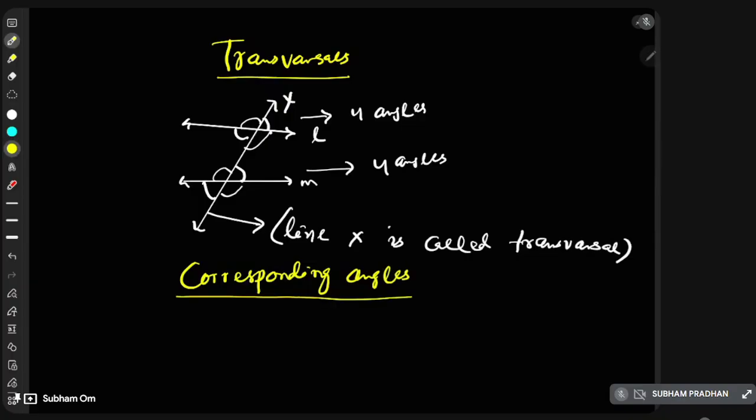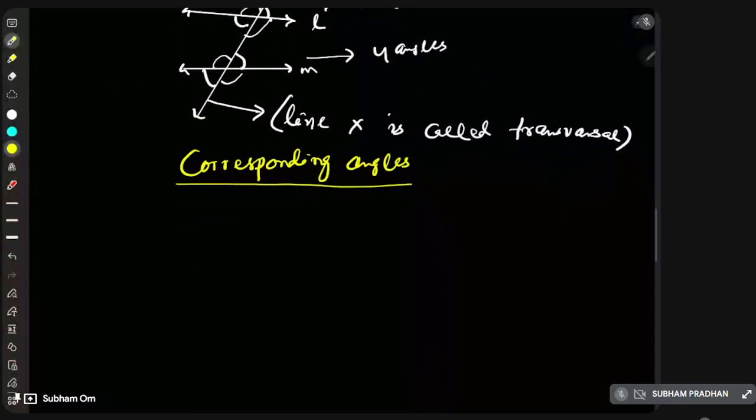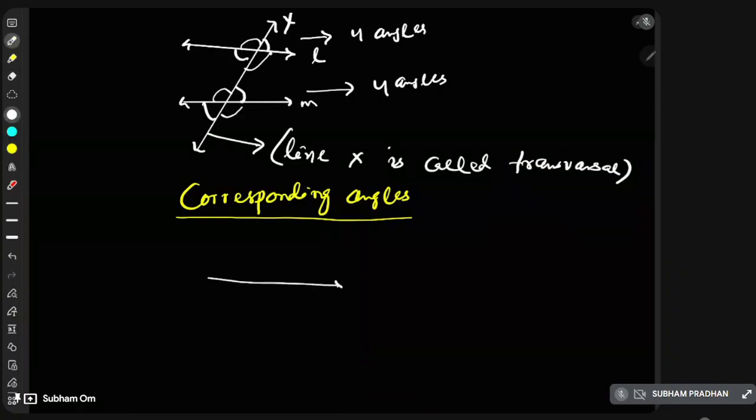As in the above diagram, let's draw it here one more time. I am drawing the same thing here.